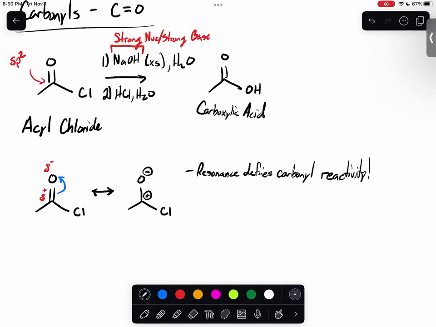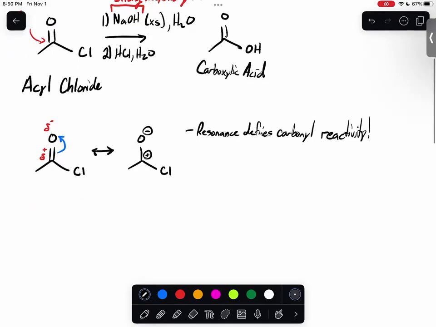So you can imagine in this resonance form, if our hydroxide is around, because the sodium is just a spectator, it doesn't matter, it can come in here and add into that carbon. Upon doing so, what we end up generating is a really funky looking structure. We've added in our OH from our hydroxide, we still have that oxygen with a negative charge, like was shown in that resonance form, and we have a chlorine right there.